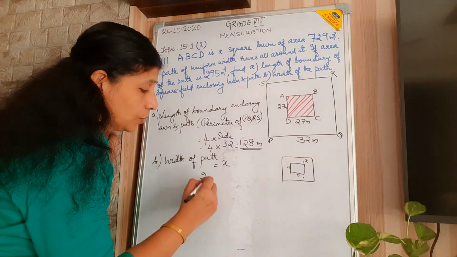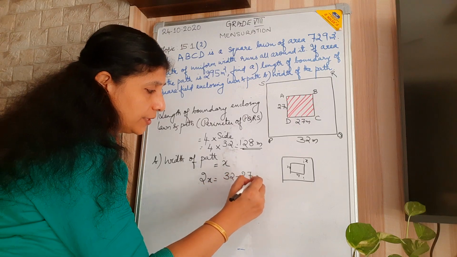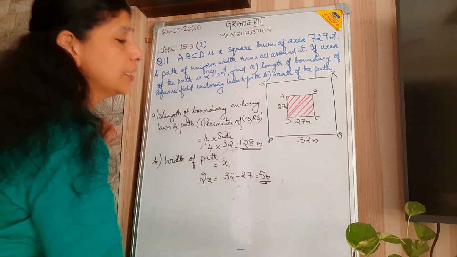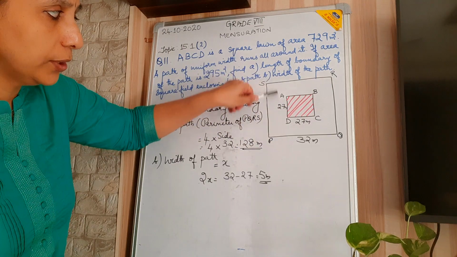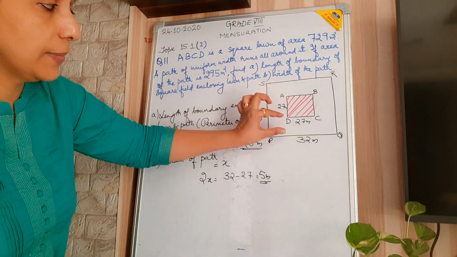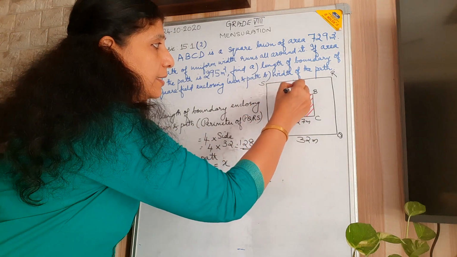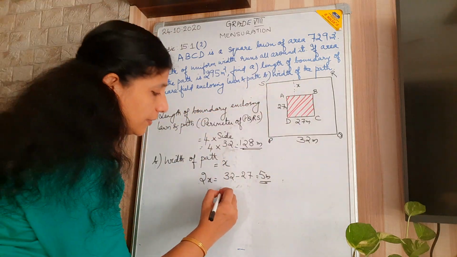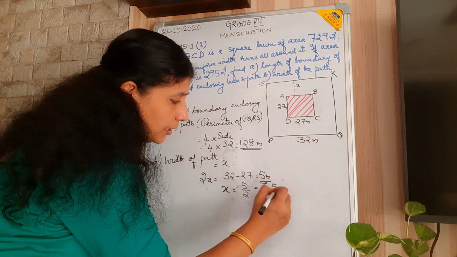So 2x is equal to 32 minus 27. How much is it? 5 meter, isn't it? It is divided equally, because the width of the path means only one side, but it is divided on both sides. The whole thing is 32 and this one is 27. So this plus this is 2x. I am considering the width as x, so x plus x, that is 2x. So x is equal to 5 by 2, that is 2.5 meter.